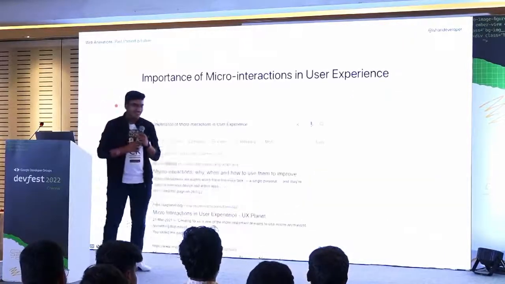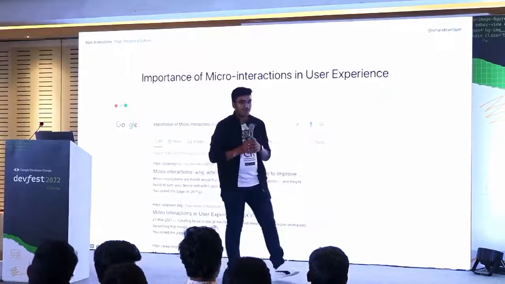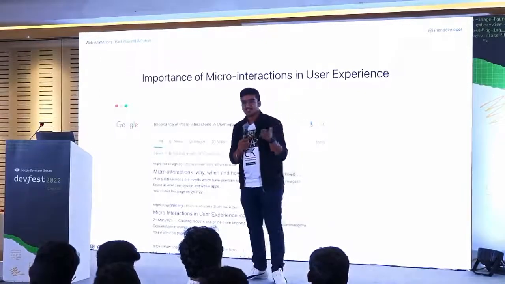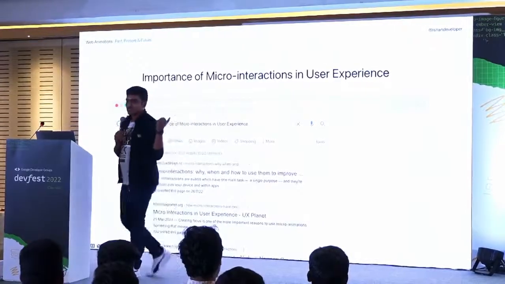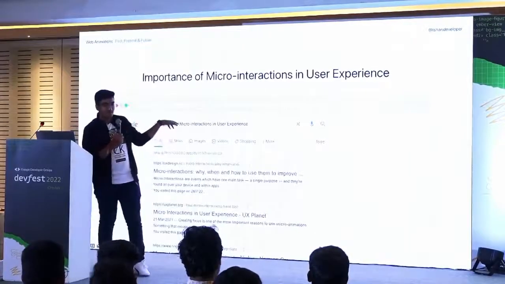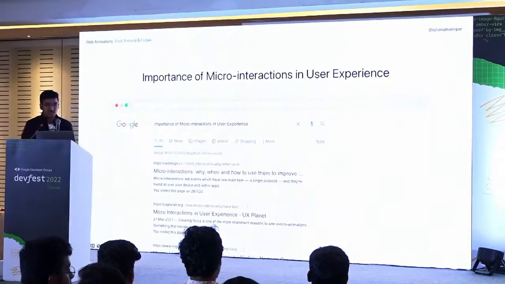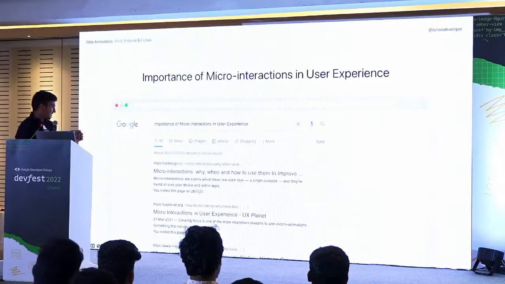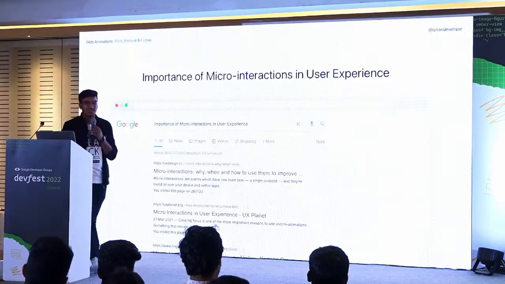Before jumping to the actual topic, I want all of us to understand the importance of micro-interactions, why something like web animations or micro-interactions is even important. I just did a random Google search, and this is literally the first thing that came up. Micro-interactions are events which have one main task, a single purpose, and they're found all across your device and within apps.